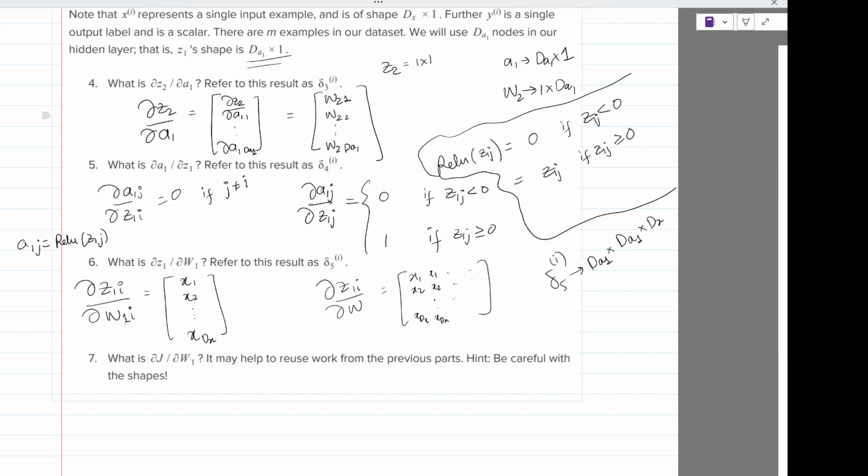So what you will have is 0 throughout, and the ith row will be x1, x2 till x dx, and then everything else 0.